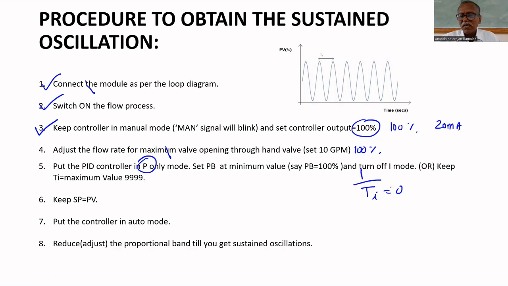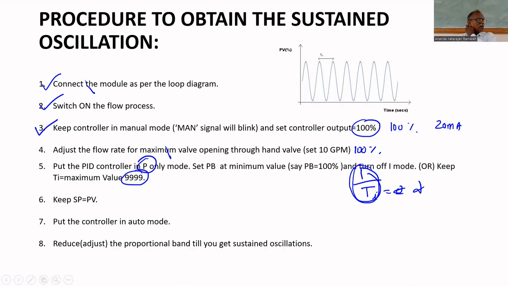So how can we eliminate 1 by TI? We have to enter infinity, because 1 by infinity equals 0. Infinity you cannot enter in a controller. That's why enter the maximum possible number, 9999. Or in some controllers, there will be a provision to turn it off. I think there is a provision to turn off in that controller.